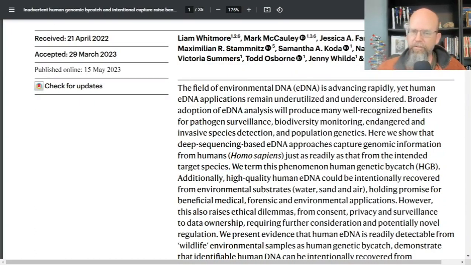Okay, but let's progress through this abstract. We term this phenomenon human genetic bycatch, HGB. Additionally, high-quality human environmental DNA could be intentionally recovered from environmental substrates: water, sand, and air. Yes, we could, if we are specifically looking for humans and their presence in the air.